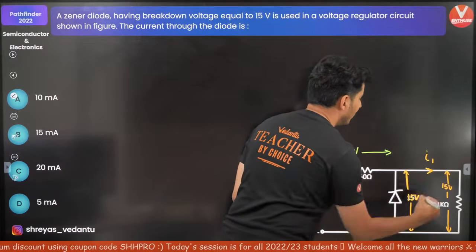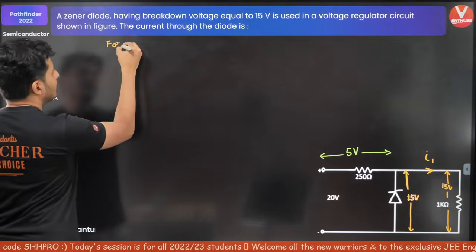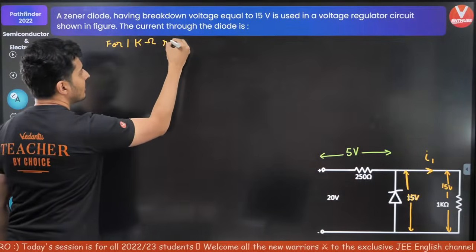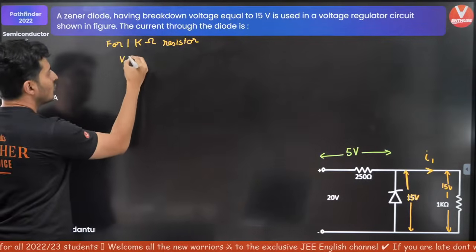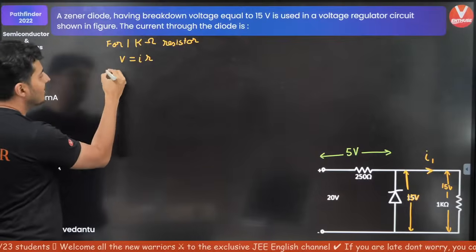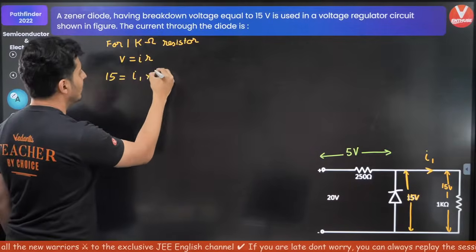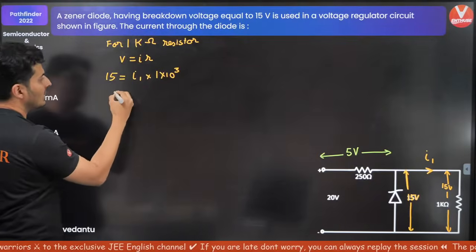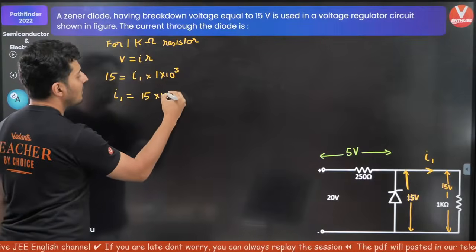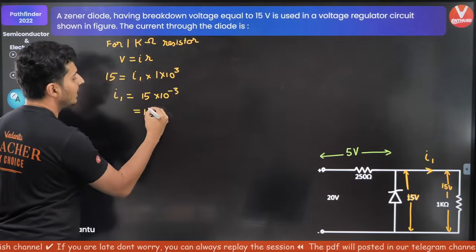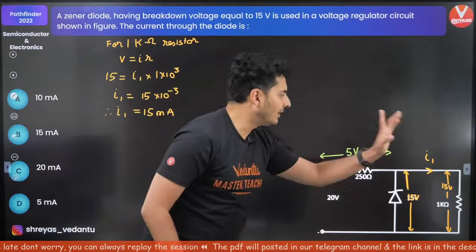Using V is equal to IR, V is 15, I is unknown, R is 1 kilo, so 1 into 10 to the power 3. Therefore I1 will be 15 into 10 to the power minus 3, which is 15 milliamperes. So I found the value of I1.